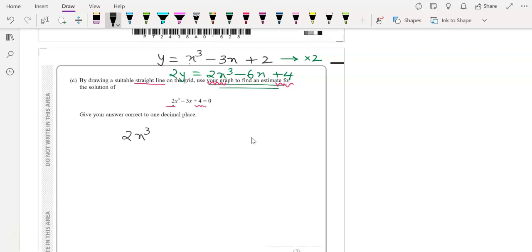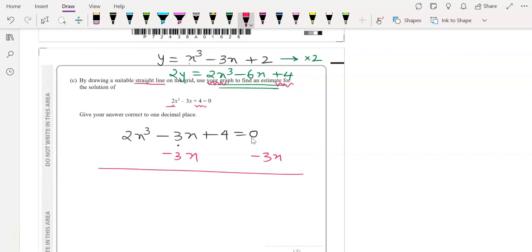So your equation is 2x cube minus 3x plus 4 equals 0. I need to get negative 6 here. So you will subtract 3x on both sides. So when you do that, you will get 2x cube minus 6x plus 4 equals negative 3x.